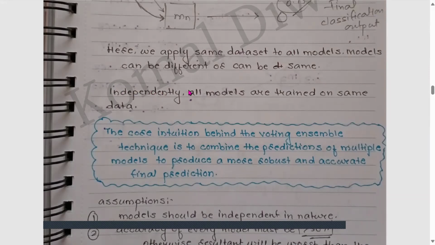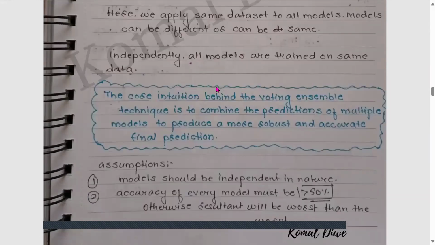Independently, all models are trained on the same data. It means models are being trained independently on the same data.